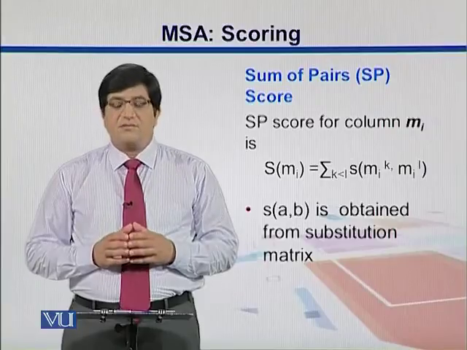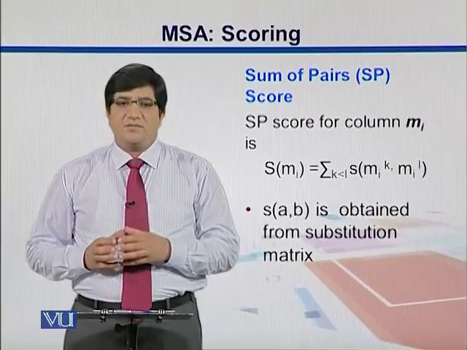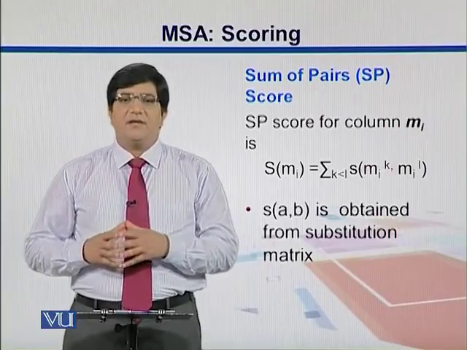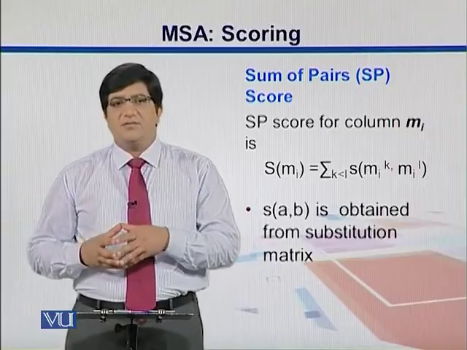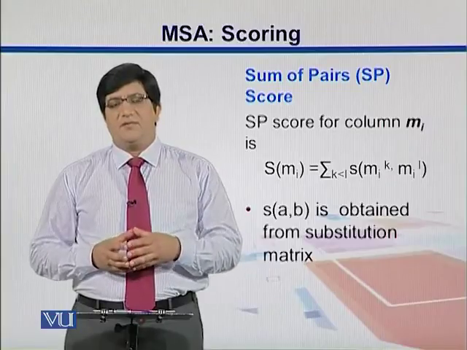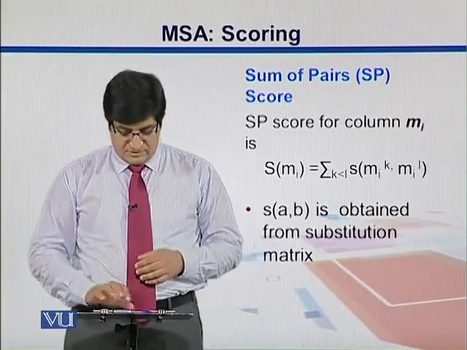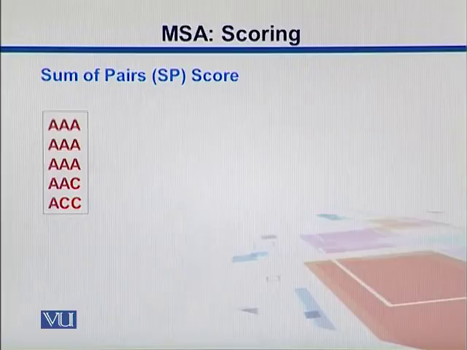Their score is derived from the substitution matrix. As long as they are pairing up, you can come up with a match score. If we have a substitution where they are not pairing up, you find a mismatch, and then you consult this substitution matrix.